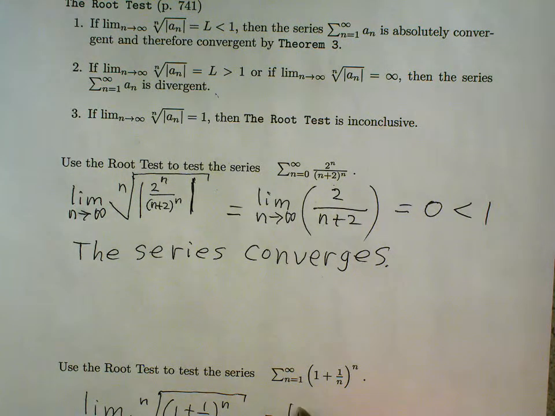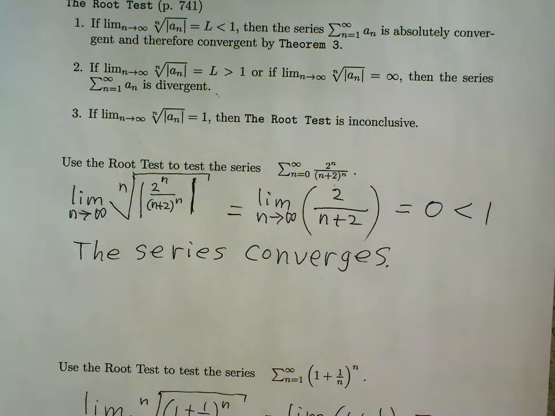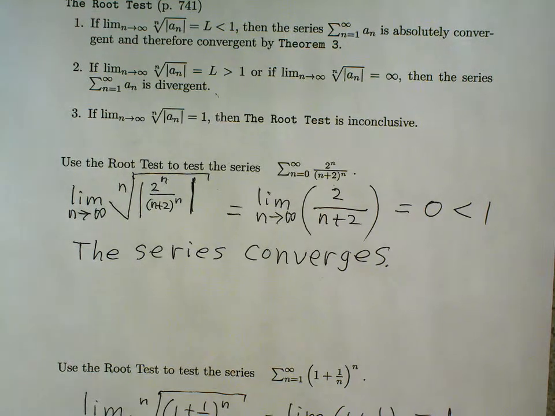So this is the limit as n approaches infinity. The nth root of (1 + 1/n)^n is just 1 + 1/n. And as n goes to infinity, the limit is equal to 1. So the root test is inconclusive.